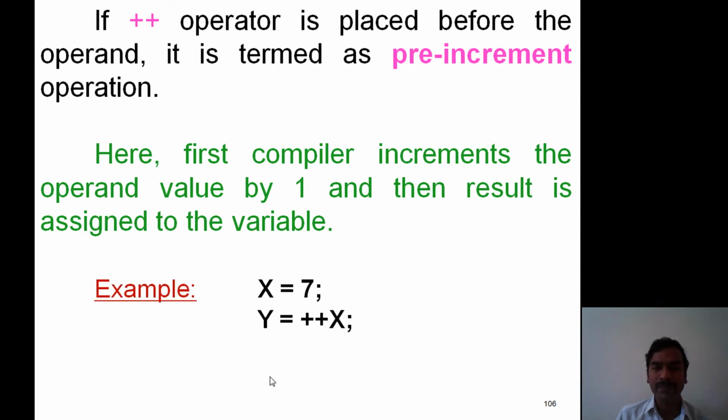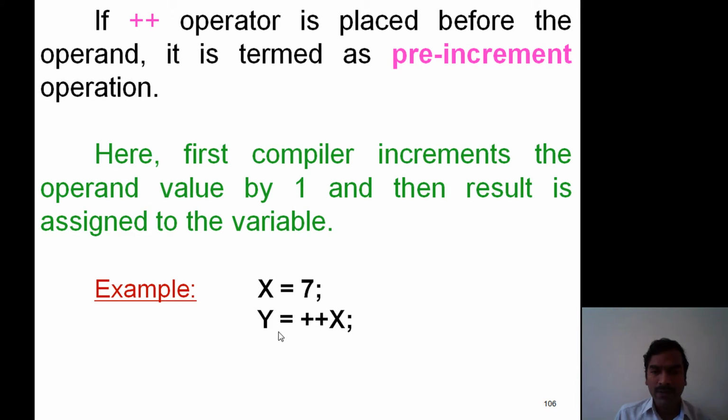Consider this example. Now x equivalent to 7. Now x holds the value as 7. Now an expression y equivalent to plus plus x format. Now observe. Here plus plus is placed before the operand x. Hence this type of operation is referred as pre-increment operation.